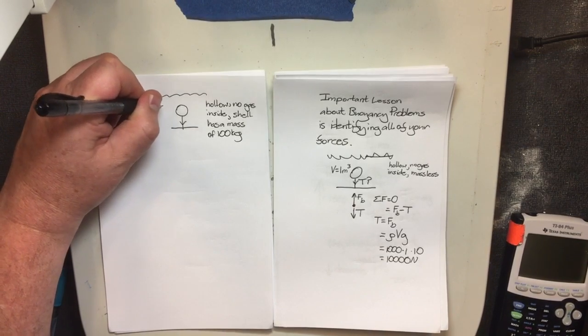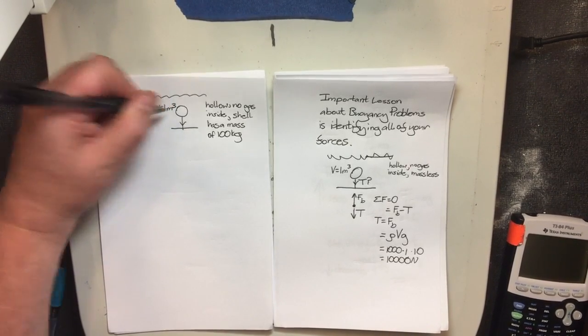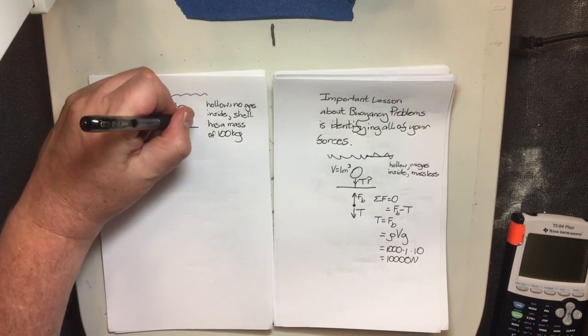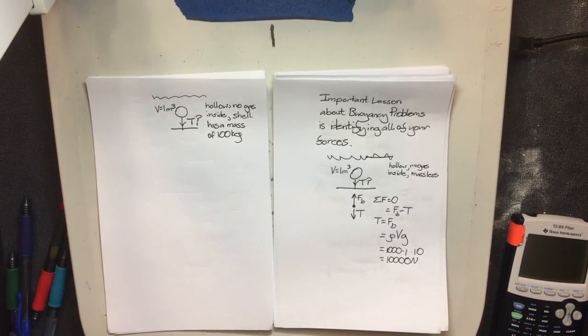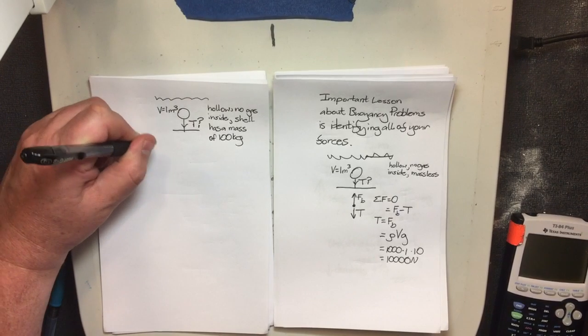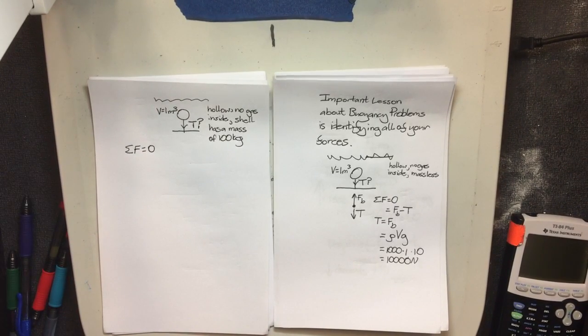So the volume is still 1 cubic meter. The shell has a mass of 100 kilograms. Once again, calculate the tension in the string. Well, it's still not rising or falling, so the sum of the forces is equal to 0.